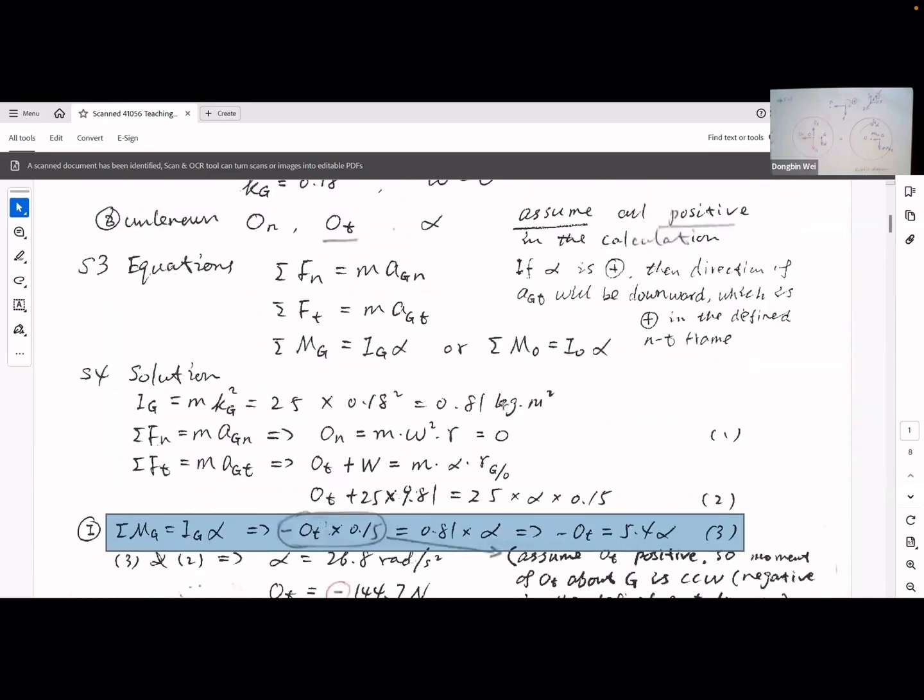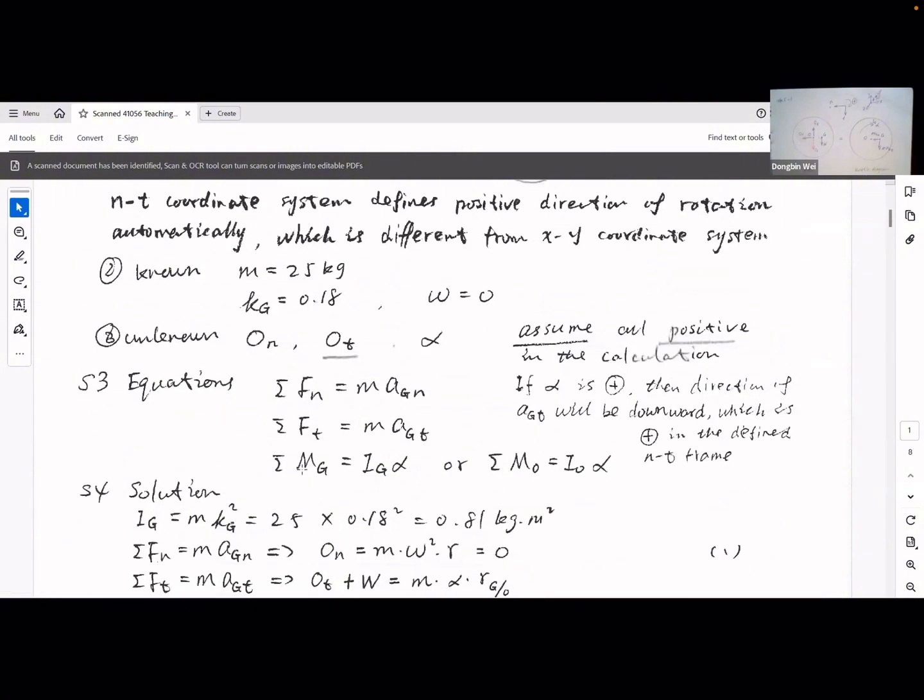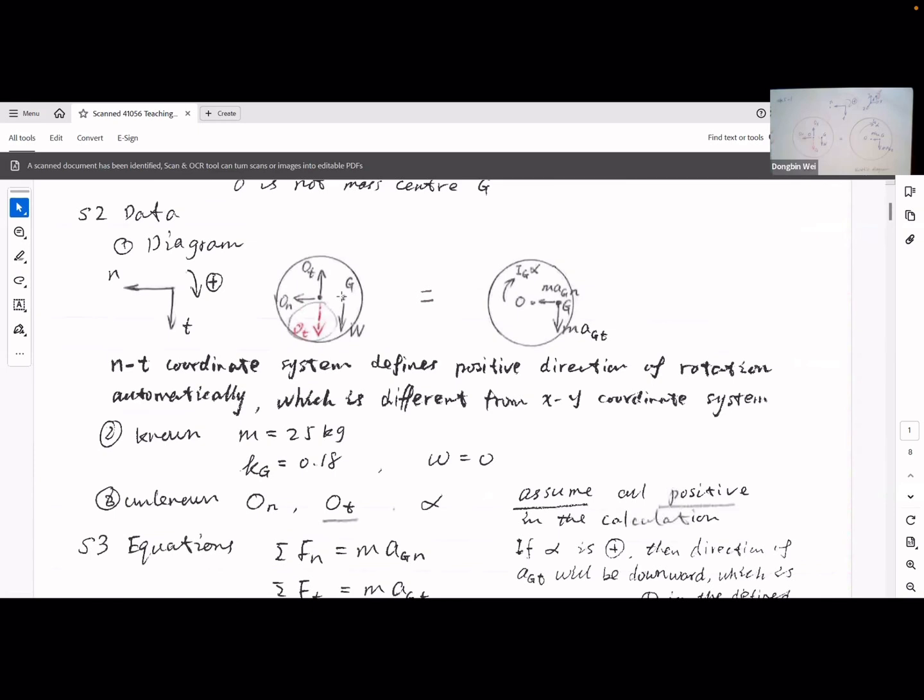Let's have a look. Firstly, we need to calculate the moment generated by the external forces about point G. Point G is here. If we look at the moment generated by all external forces, you can see for W, the moment arm is 0.